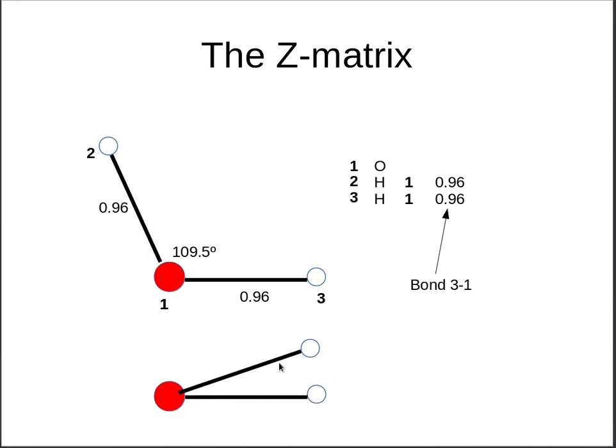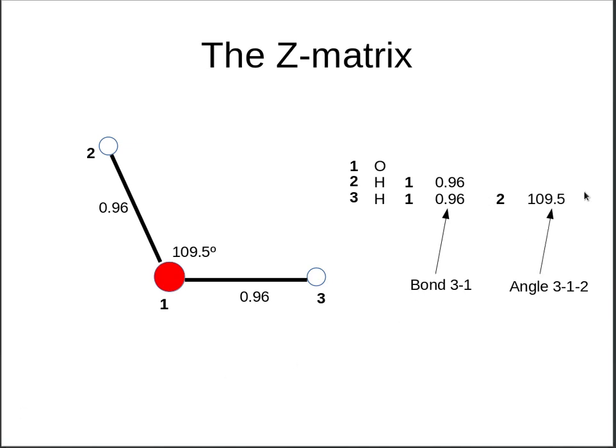So we've got to include at this point an angle to place atom 3 in the correct position. The way we do that is we put in a 2 to say it's the angle from 3 to 1 to 2, and then finally we put in its exact value as 109.5. And so we have built up beautifully the Z-matrix for water.